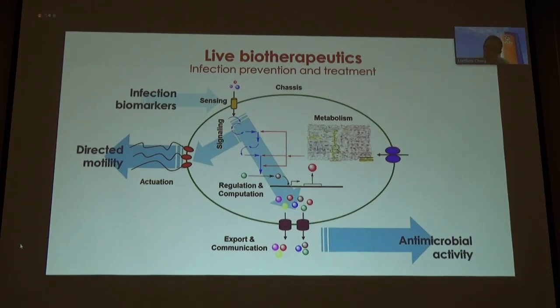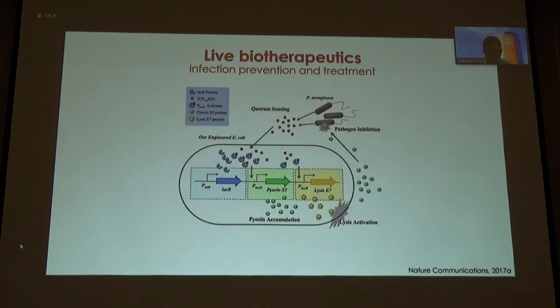We also wanted to give another function that allows the microbes to swim towards a specific location in the body. So this is a genetic circuit that we designed and put into a gut microbe.